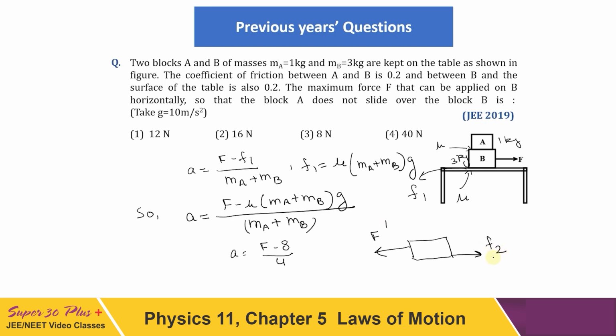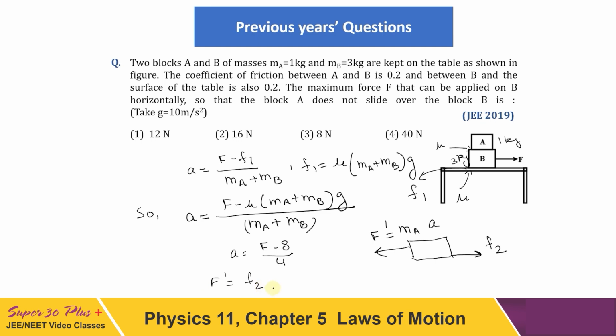Now this F dash, because it is a pseudo force, can be written as mass of A into acceleration. Here it should be acceleration of B, but since both are moving with same acceleration, so directly I am writing acceleration A. Now if A has to slide over B, then pseudo force on A must be greater than friction between A and B. So first I am considering the limiting case that F dash is equal to F2, so that it has not started sliding yet.